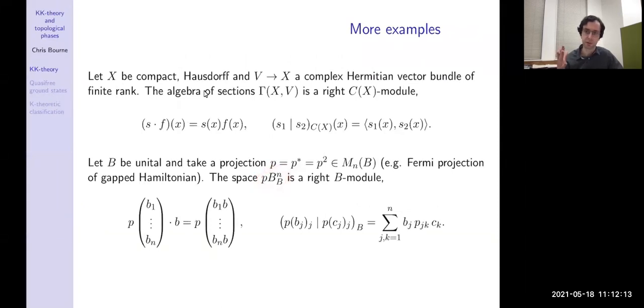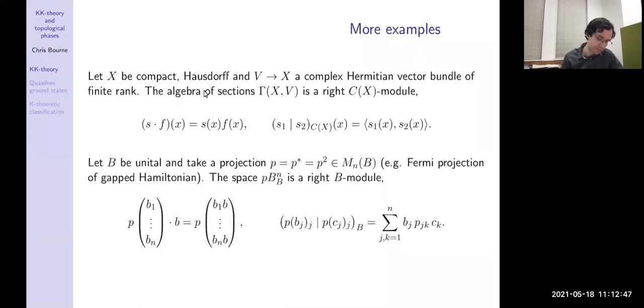So a freely generated module of finite size, and then hit it with this projection P, and I get a finitely generated projective C-star module, where the structure is as you would expect. When I act on the right, I act diagonally by this formula, and I do the usual inner product type formula, just of this type.